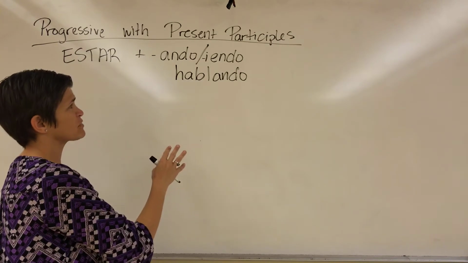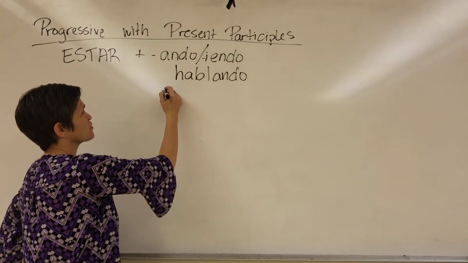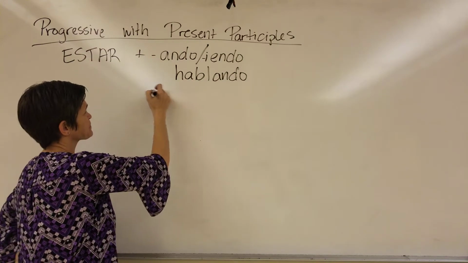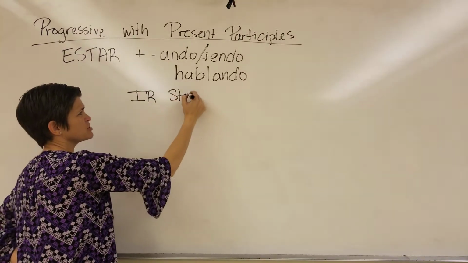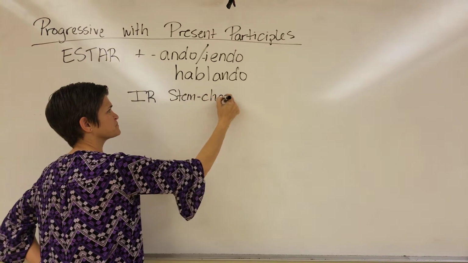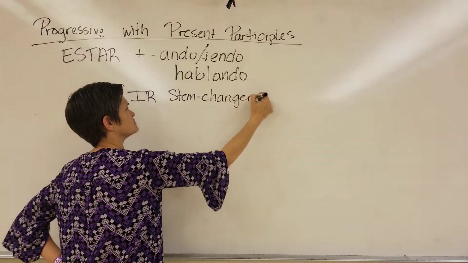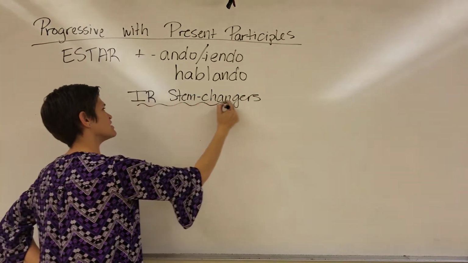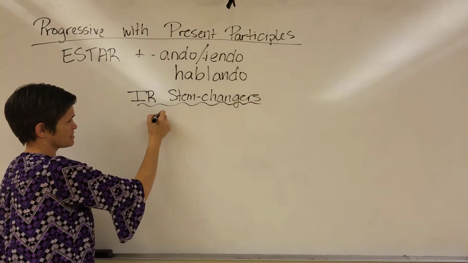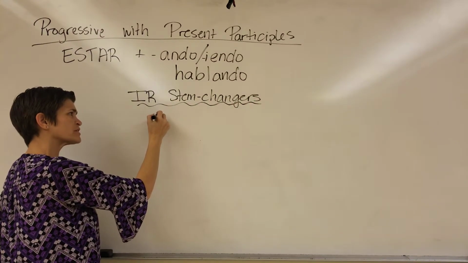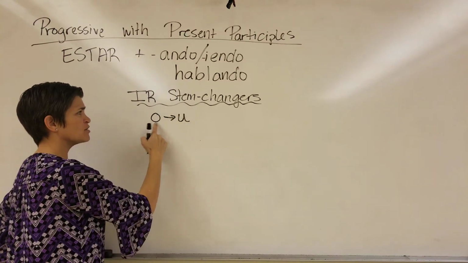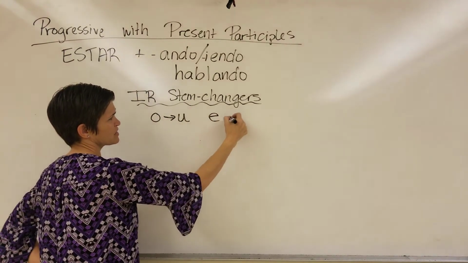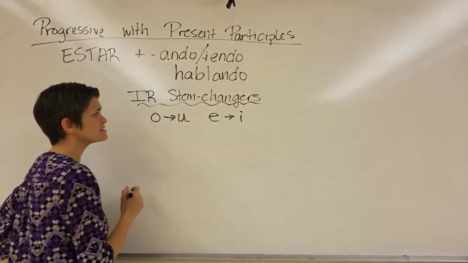There are some that are irregular for the present participles. We need to watch out for -IR stem changers. They're going to have the same thing that we just had when we do the preterite and when we do the nosotros commands. The O's change to U's and the E's change to I's.